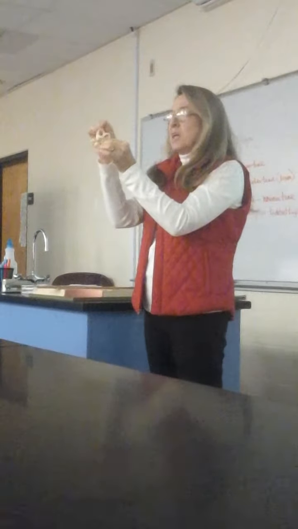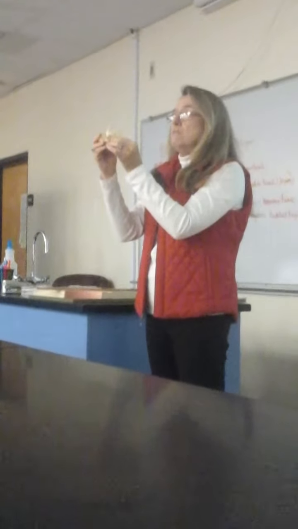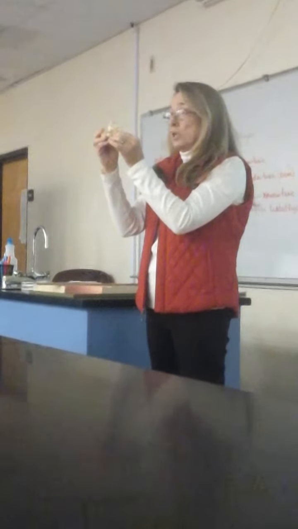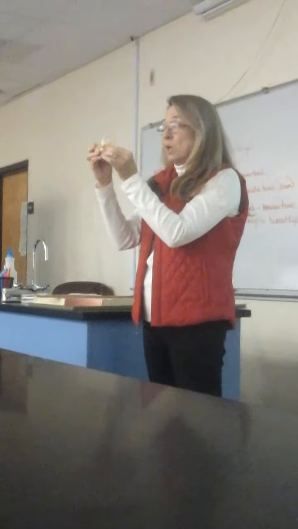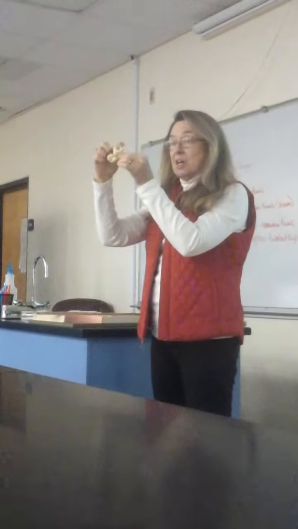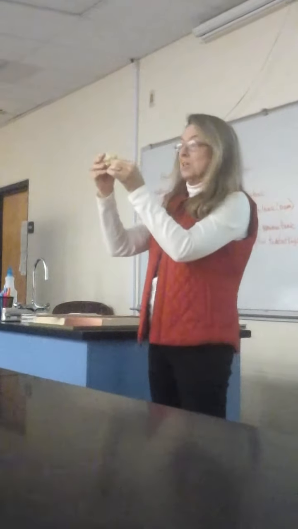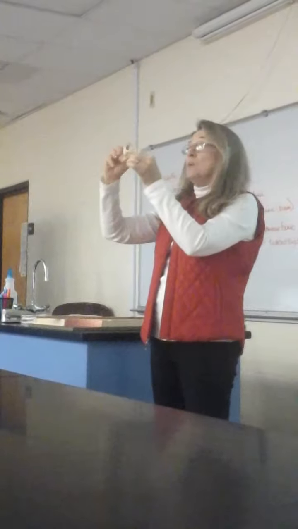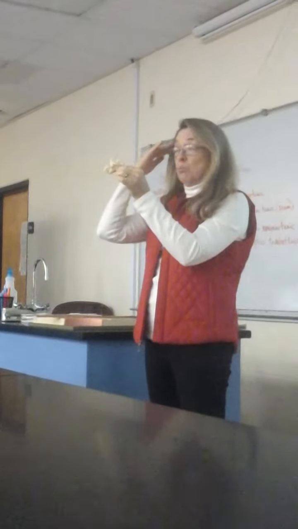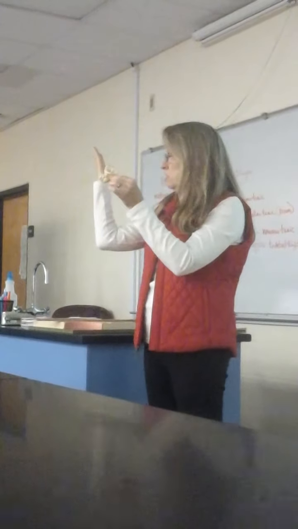And there are little receptors in these semicircular canals that can detect the movement of the fluid if you bend your head some way. Okay? So this one right here, when you do this, that fluid in that canal is going to move because gravity is moving it, basically. So it would bend those little receptors in there, and your brain would be able to detect what you're doing with your head. Does that make sense?